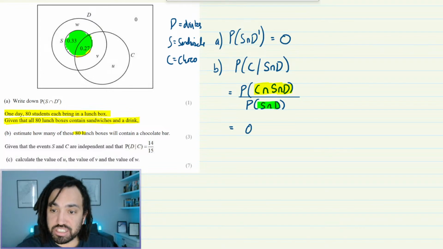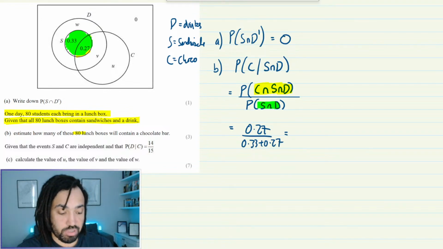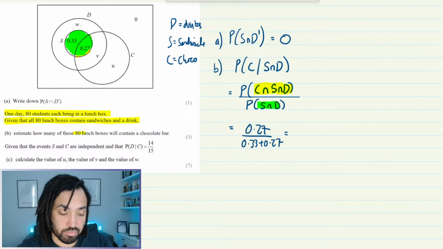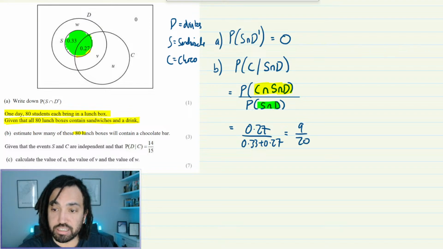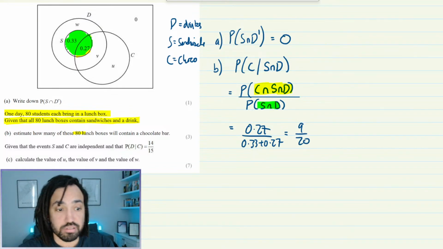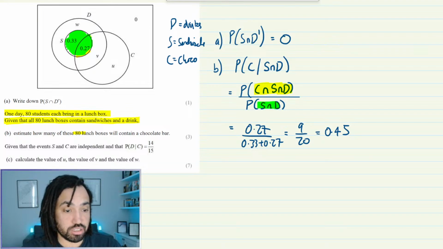So that to me looks like 0.27 over 0.33 plus 0.27, which is equal to 9 over 20, or 0.45. Yes, good stuff.